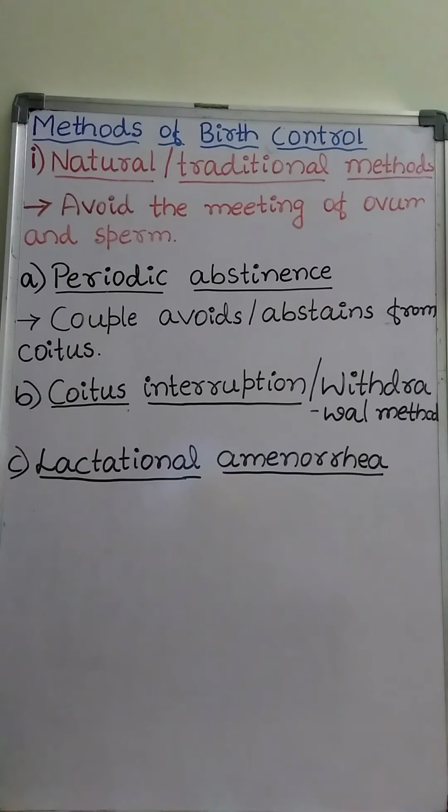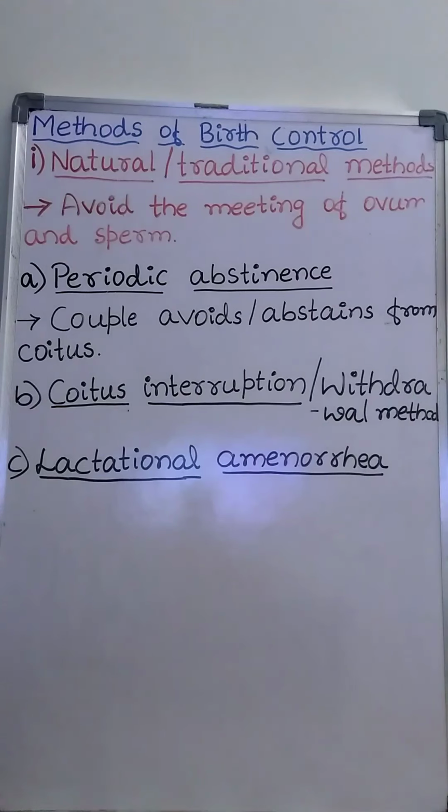Day 10 to 17 of the menstrual cycle is called the fertile period because during this period the chances of fusion of egg and sperm are very high.